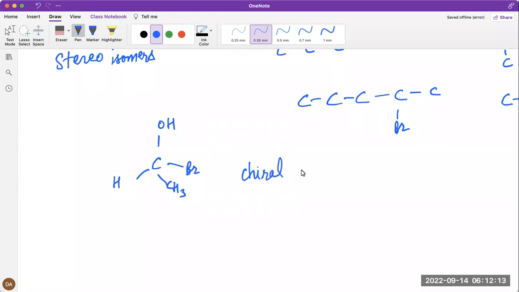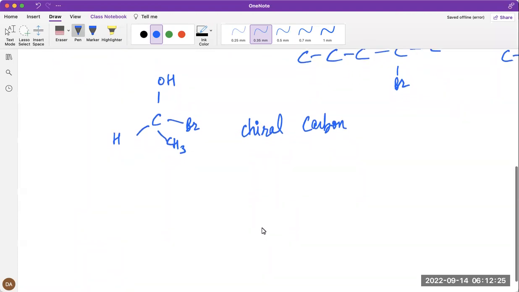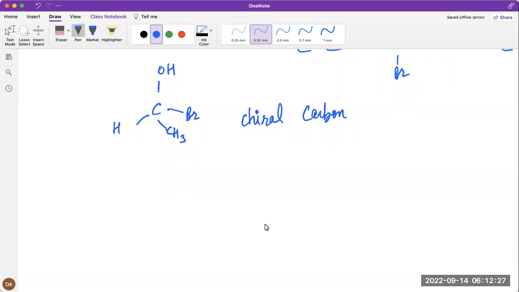So chiral carbons are necessary for you to have a stereoisomer. Okay, so that's a condition. You must have chiral carbons to even talk about stereoisomers. We will be learning in later videos that there are different types of stereoisomers, like enantiomers, diastereomers, meso compounds. We'll talk about that later. Right now, we're going to keep it very basic.